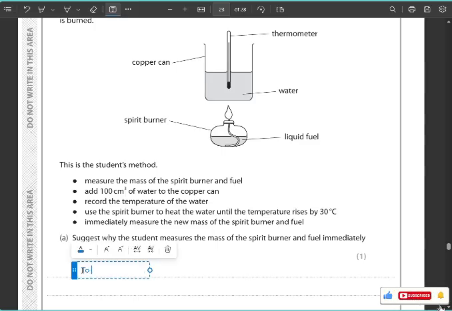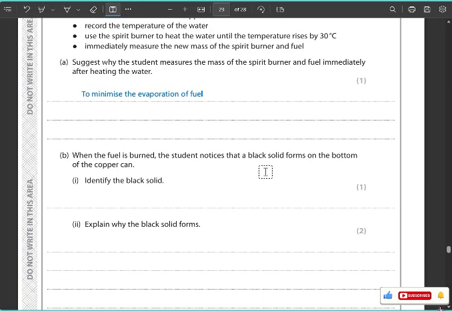The reason is to minimize the evaporation of fuel, to prevent mass loss of the fuel. And when the fuel is burned, the student notices that a black solid forms on the bottom of the copper can. Identify the black solid.